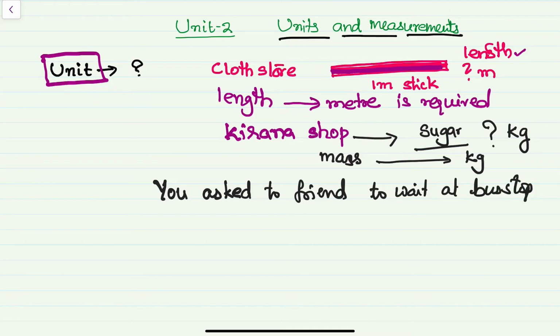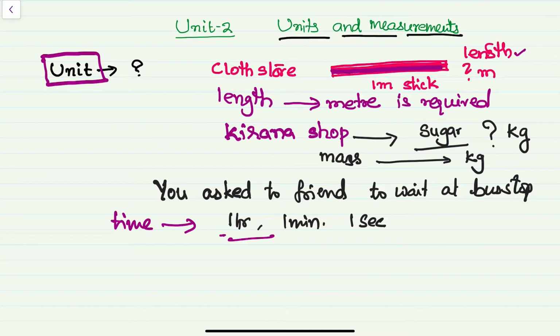Definitely he replies, how much duration and how much time should I wait? Either 1 hour or 1 minute or 1 second. So the time is indicated in these units.